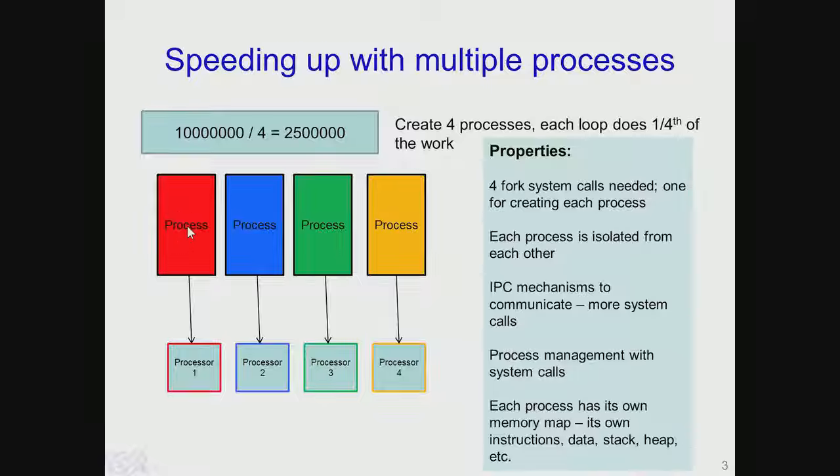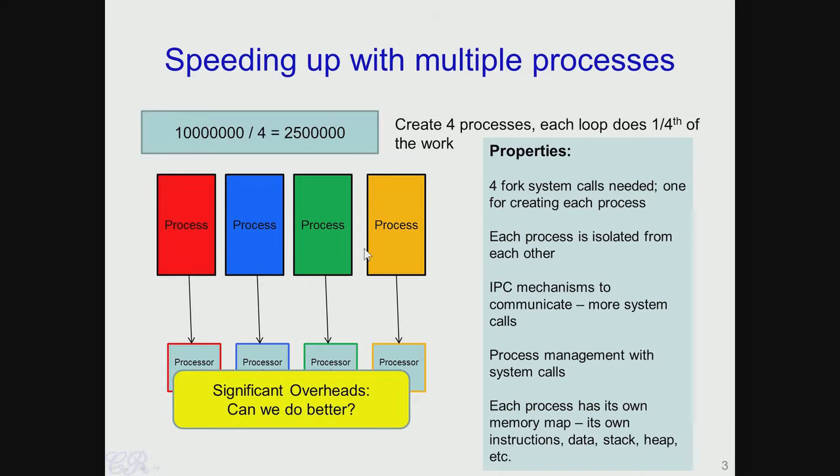Therefore, there is a lot of duplication of instructions and data due to having multiple processes execute a job in parallel. So, is there a way we can do better than this? Is there a way we can have a solution where the amount of overhead in parallelization can be reduced?